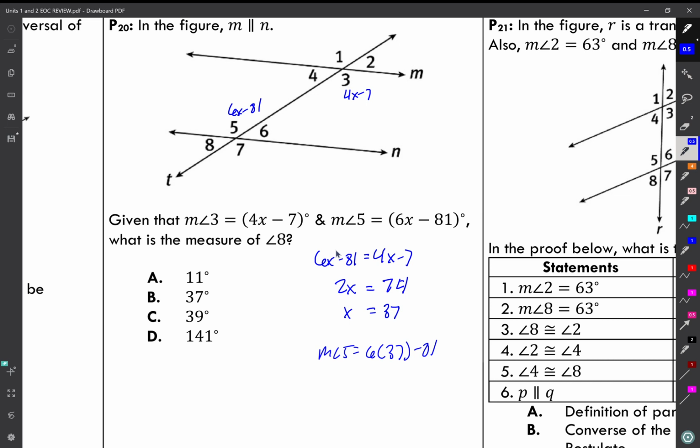Let's see. That gives me 141 degrees. So then the measure of angle 8 is just 180 minus 141, which is 39 degrees.